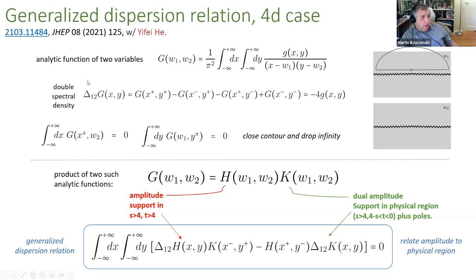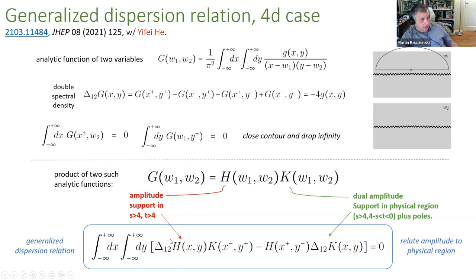One can compute the double jump, as it's called, and from there you can compute this integral, which should be 0, because if you integrate over a contour like this, it has only singularities on the real axis, so any integral like this will be 0. So using these two things and defining G as the product of the amplitude and this K, which we call the dual amplitude, we found that this particular combination reduces to this type of integrals and then is 0.